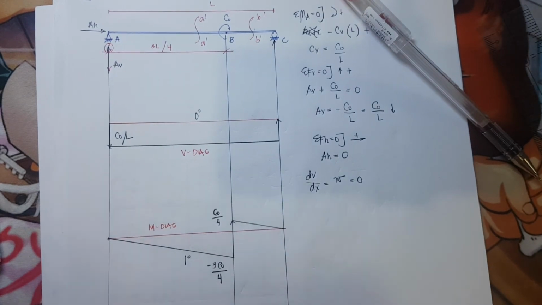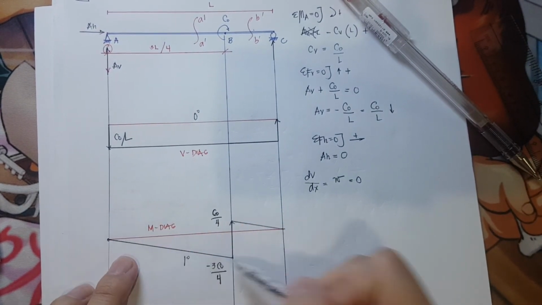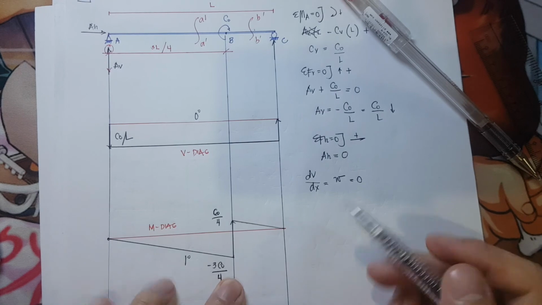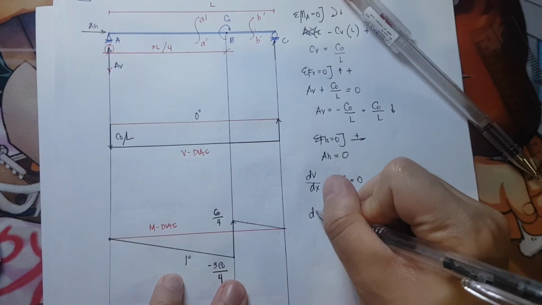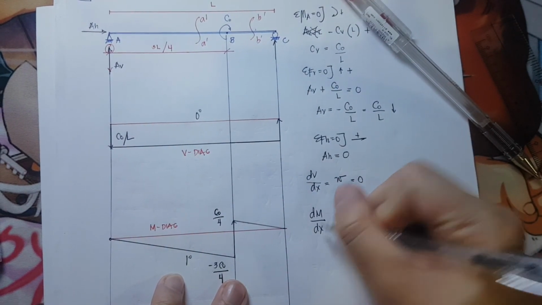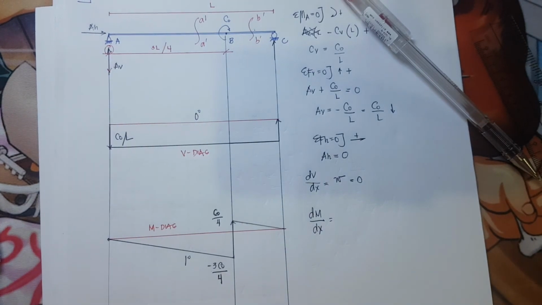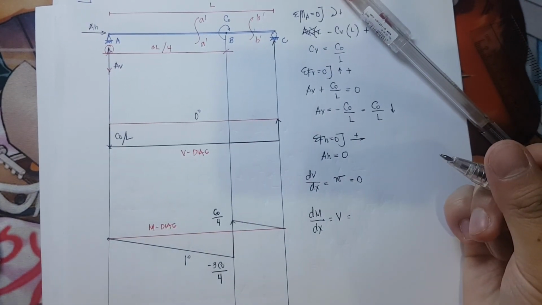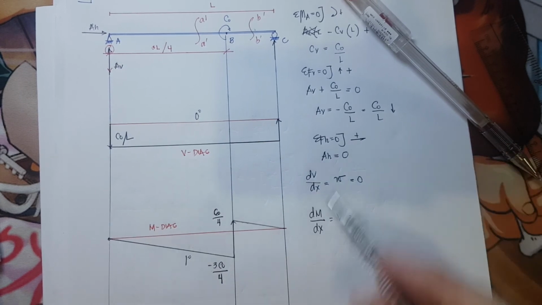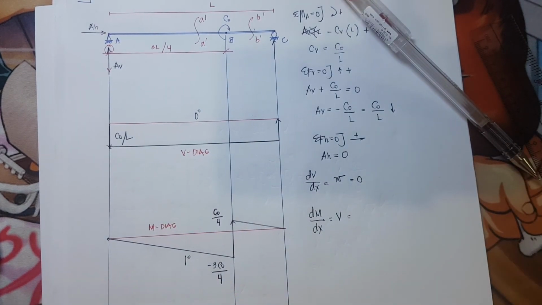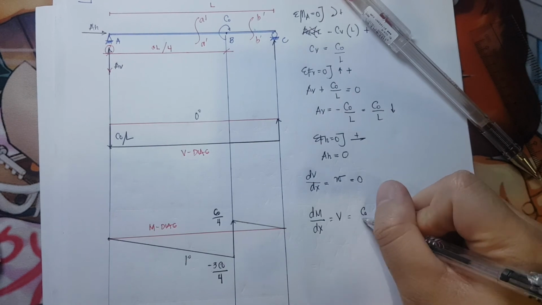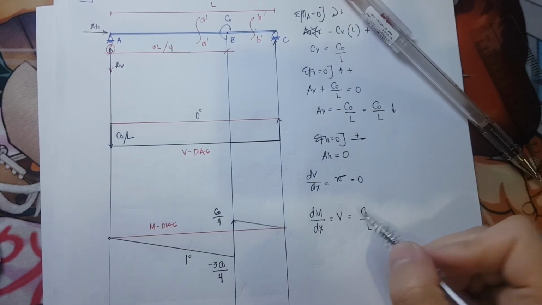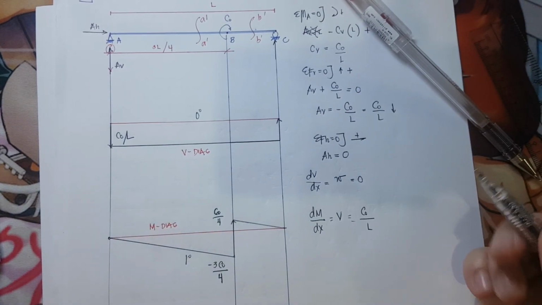Now let's check what is the slope for this one. So the derivative of the moment with respect to x is equivalent to the shear. Okay, so what is the shear? So the shear here is C of naught over L, and it is negative.